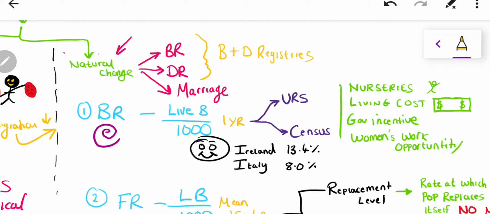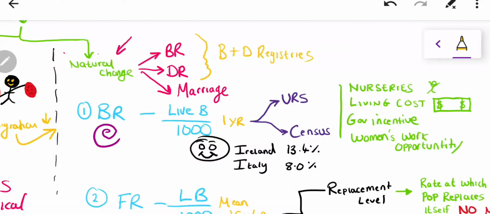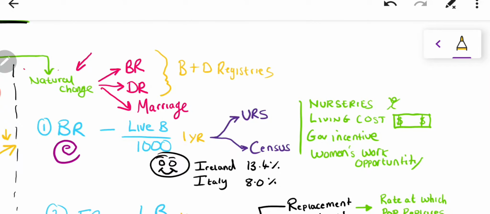Okay, so with natural change, what we're focusing on here is how the population changes over time, because we're still talking about dynamics, but now we are just looking at natural changes.